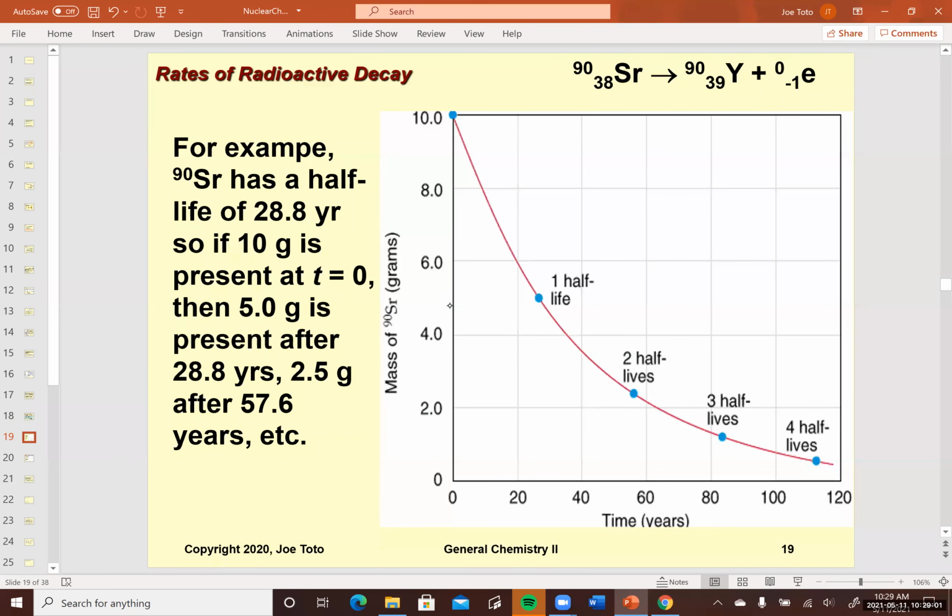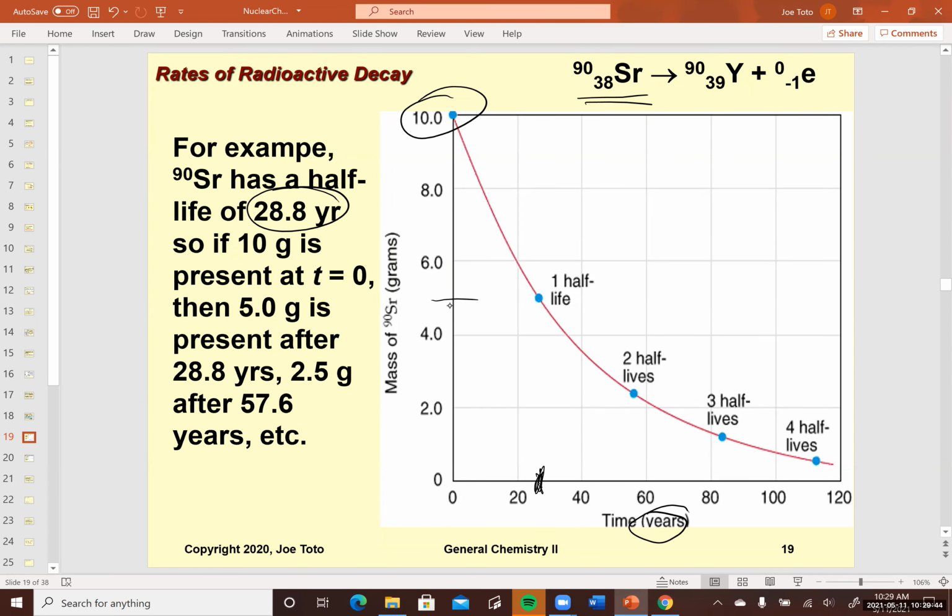But before we get to that, we're talking about half-lives again. This just reminds you what a half-life means. That means if I start out with a strontium 90 sample and say I have 10 grams of it, its half-life is always going to be the same time. And so here it has a half-life of 28.8 years. So in 28.8 years, this is years, it got cut off down here, I cut my sample from 10 grams in half to 5.